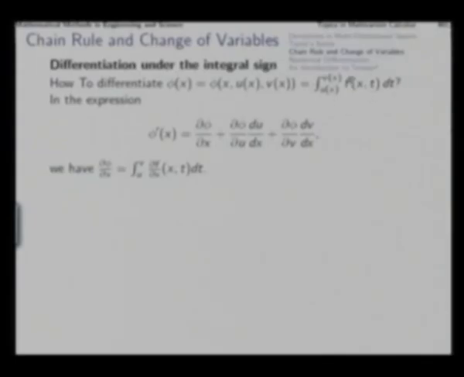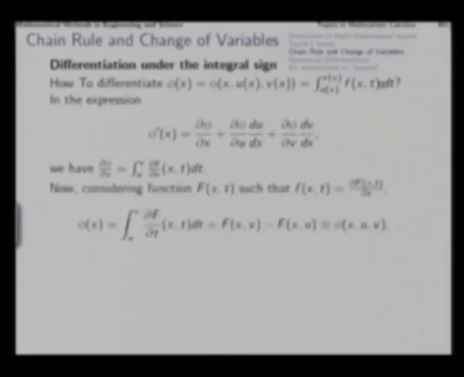The integrand here is a function of x and t, the integral is with respect to t, and the limits of the integral are functions of x. If we try to differentiate this as a function of x, with u and v themselves being functions of x, then the straightforward chain rule will give us this expression for the derivative.